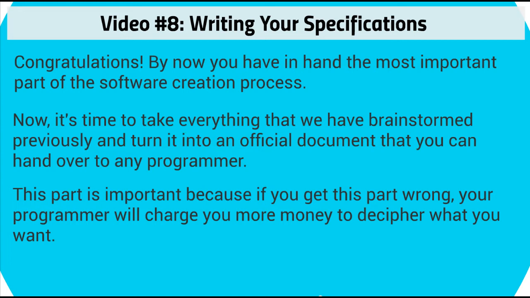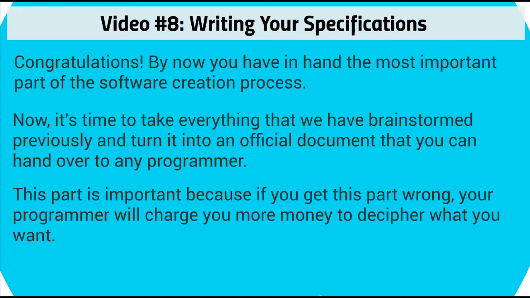So what we talked about in the previous video about the telephone game, where you tell somebody, they tell somebody, and they tell somebody. Even if it's 3 people, by the time it gets to the third person, it's totally different. So that's why you want to make sure that you have something in a written document, which essentially is your contract between you and the programmer.